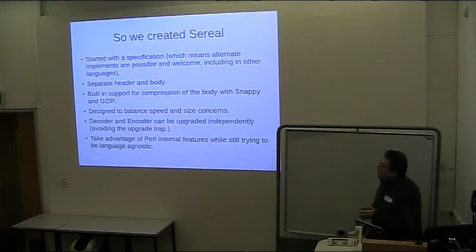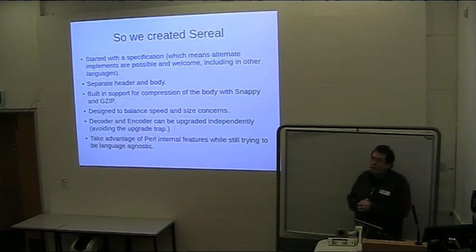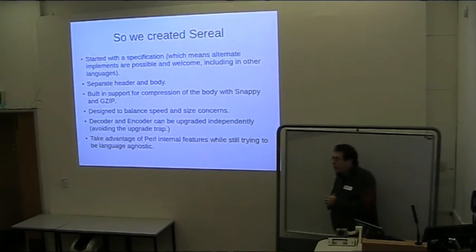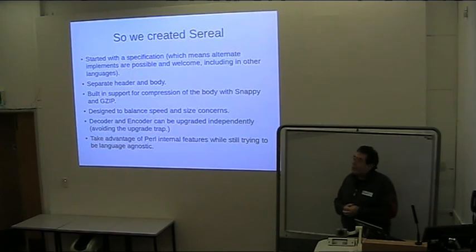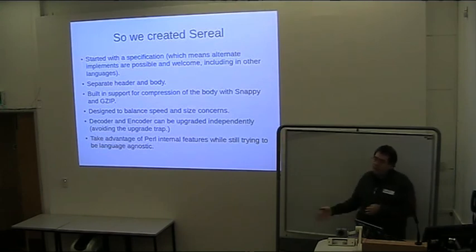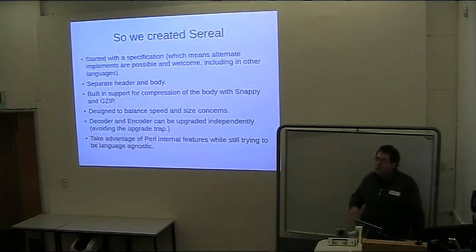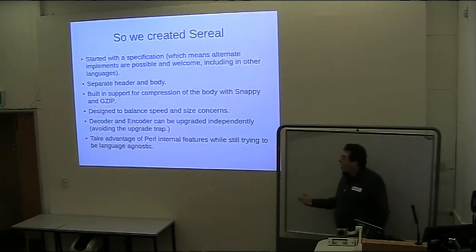We specifically from the very beginning built the decoder and encoder as 2 separate packages. So what we do at Booking when we need to roll out a new version of the protocol is we deploy the decoder everywhere, and that could take, let's say, a week. The new decoder will then be capable of reading new encodings. It's also capable of reading old encodings. Then once the new decoder has been deployed everywhere in our systems, we deploy the encoder.